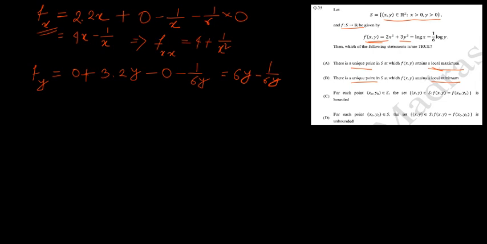Now I differentiate fy again: fyy equals 6 minus 1 by 6 times the derivative of 1 by y, which is minus 1 by y², so minus into minus is plus.